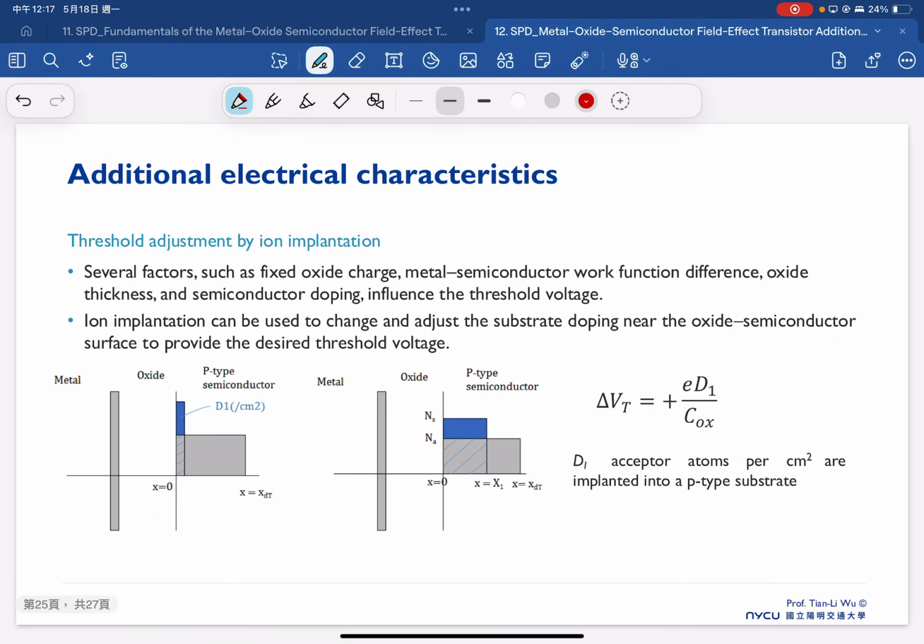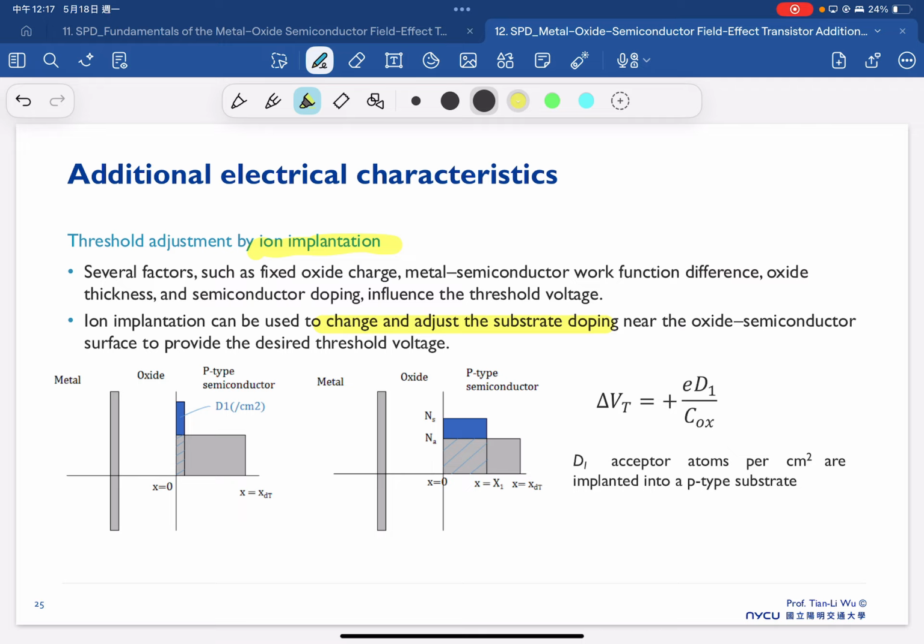Another thing we normally do is to consider an additional implant to adjust the threshold voltage. Sometimes we don't get our expected threshold voltage because it is limited by the substrate doping, but we can use implant to change or adjust the substrate doping.